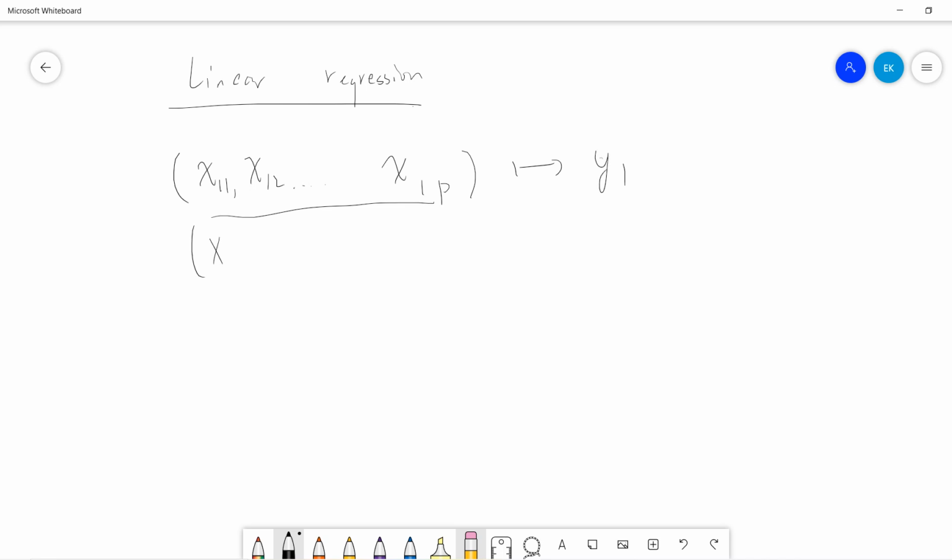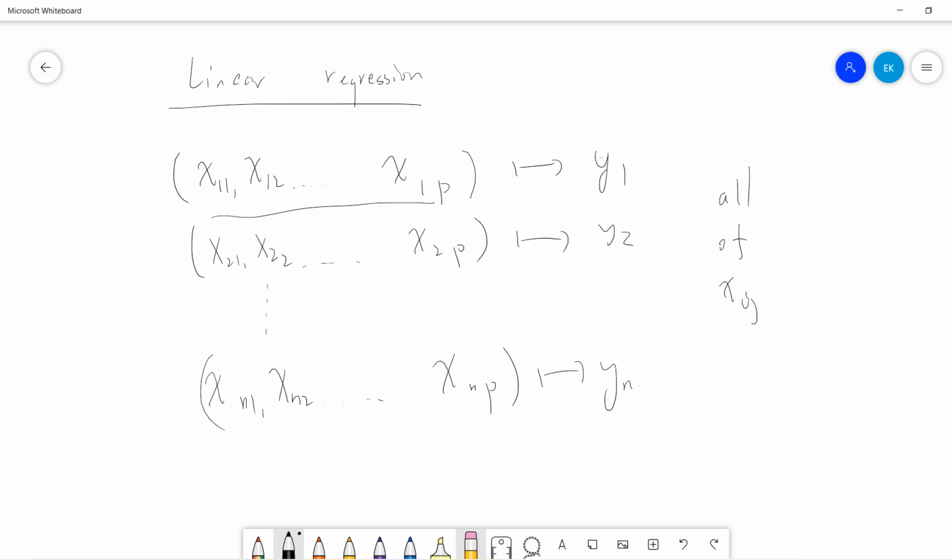You also see x21, x22 up to x2p, which gives you y2. And finally you observe xn1, xn2 up to xnp, which gives you yn. The xij and yj are just real numbers. You start from here.